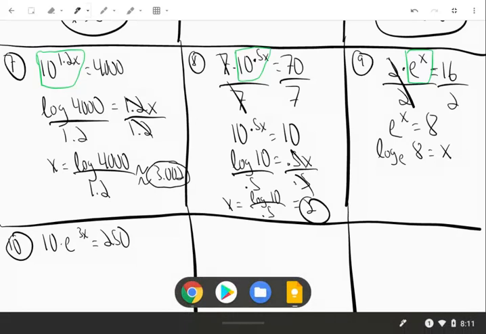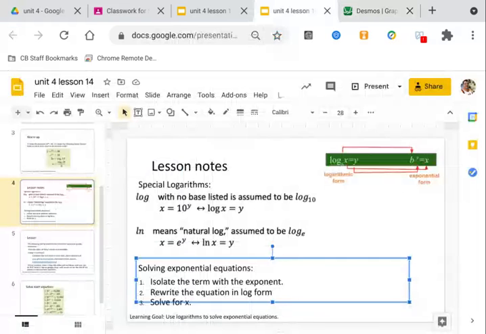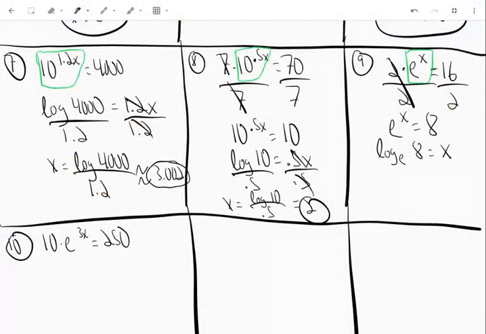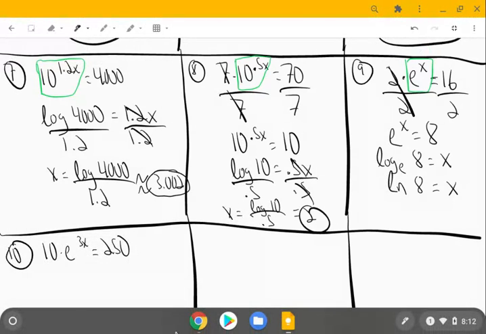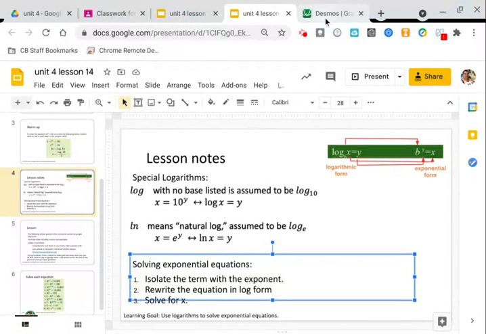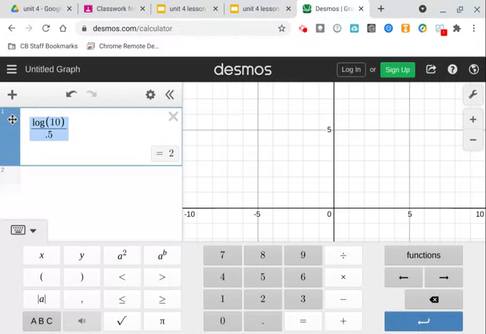But remember, I talked about in the lesson notes, when we have a log base e, we're going to use this special natural log. So we're actually going to write ln of 8 equals x. Log base e is the same as natural log, ln. I can go in Desmos and get the decimal value of ln of 8.